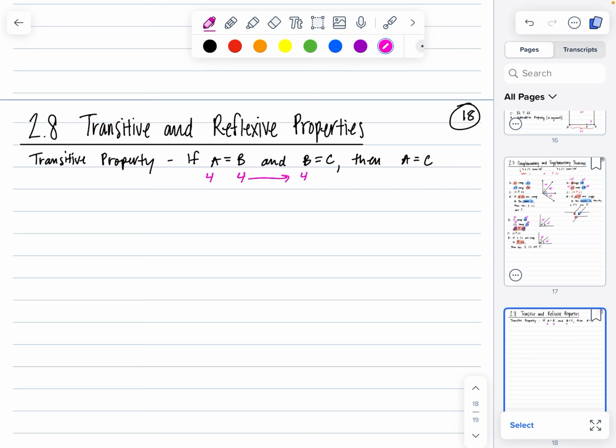That transposes to this equation, 4 is equal to C, or B is equal to C, which means C is also equal to 4. That means A is equal to C. 4 is equal to 4. So just numerically, that should hopefully make sense.